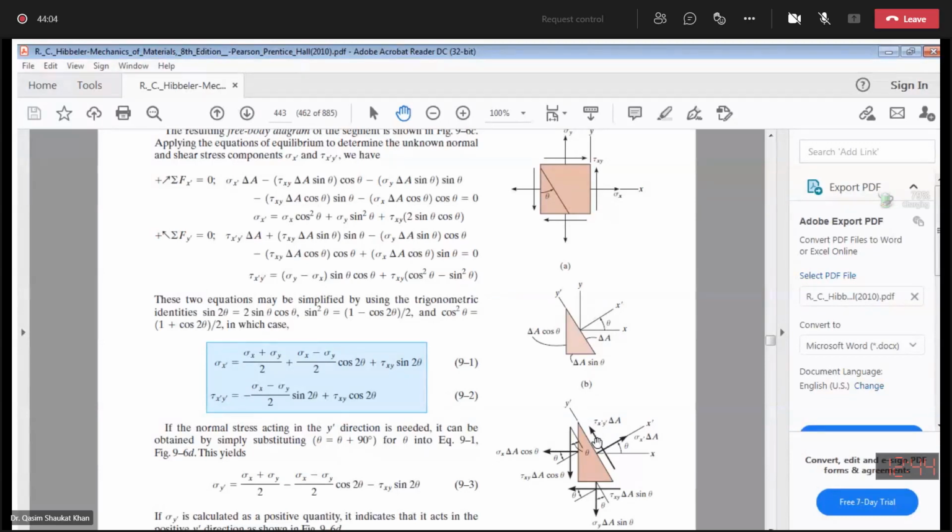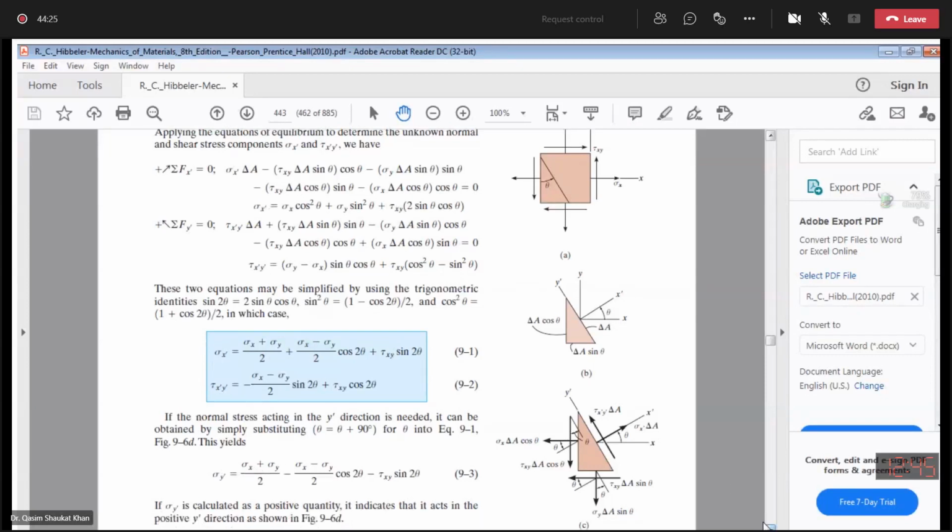Then again we will apply the summation of forces about the x dash axis is 0 and the summation of forces about the y dash axis is 0 to get this expression for sigma y dash. Fine, so this is just a general overview of what we are going to do.